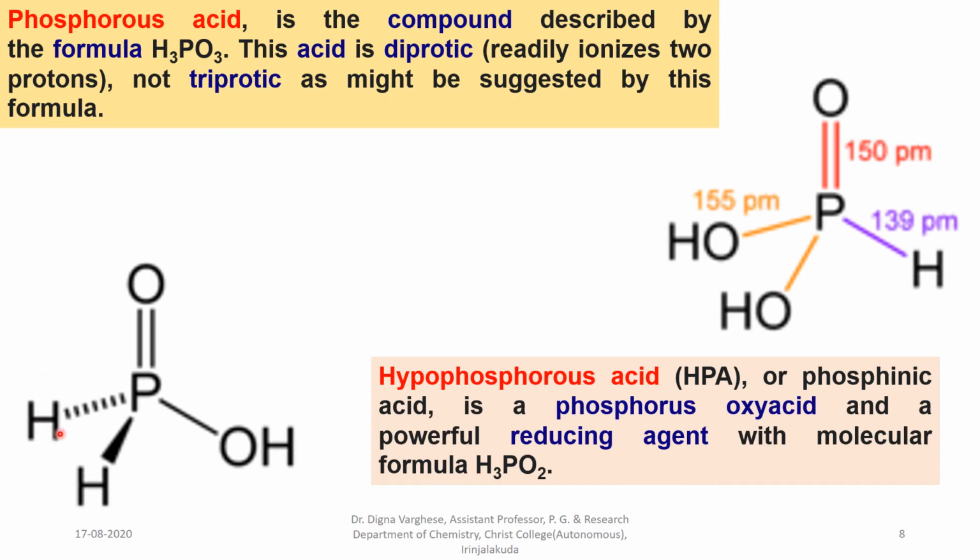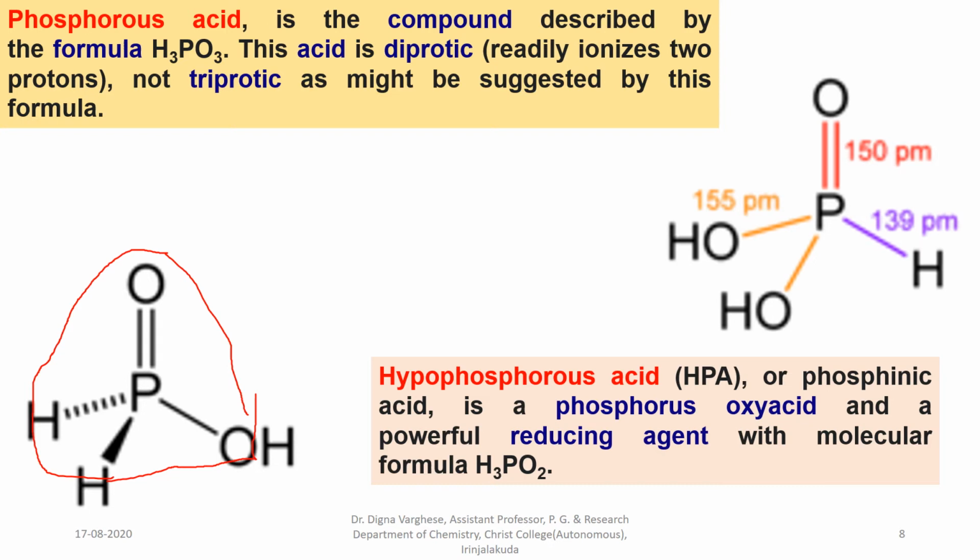The IR spectroscopy of this particular acid molecule indicates that there are 2 P-H bonds and 1 P-OH bond. It gives only one series of salts. That means it ionizes with one proton, giving H2PO2 minus and H plus.